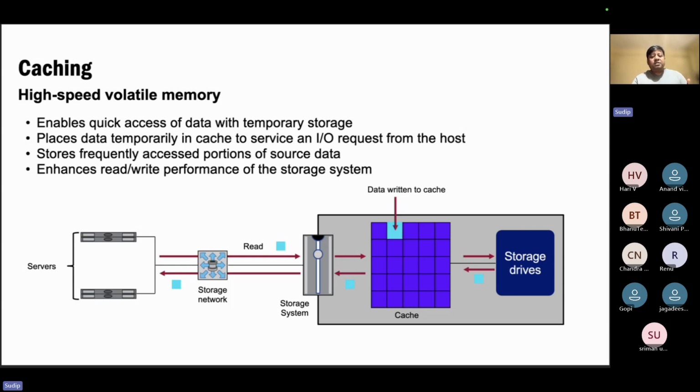Which means you have to do the sizing of your storage system in such a way that the reads are getting served more than your writes. Always keep that in the back of your mind.